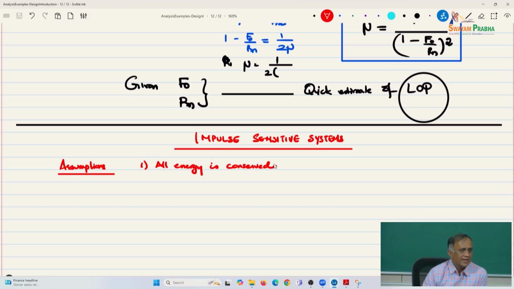So here the energy is conserved, but it is dissipated in the form of the fragments, the spalling and breach.